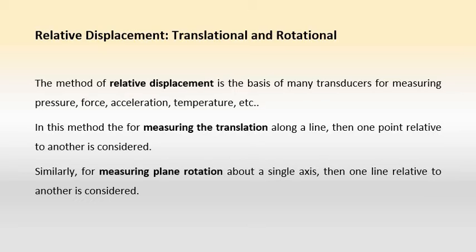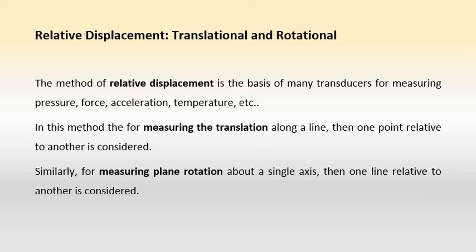That is relative displacement. The method of relative displacement is the basis of many transducers for measuring pressure, force, acceleration, temperature, etc. In this method, for measuring the translation along a line, that is, the movement along a line, one point relative to another is considered.